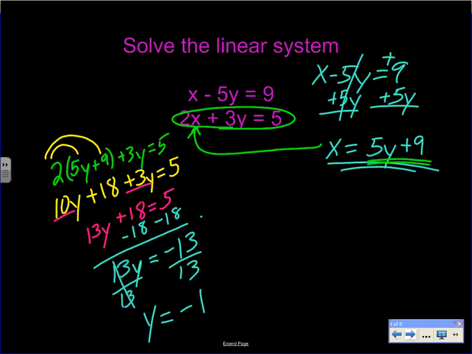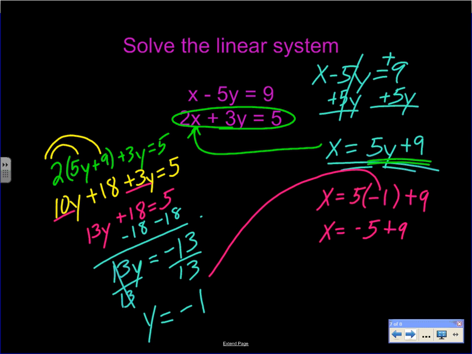So since y is equal to -1, we can plug it right back in there for y and solve for x. X is equal to 5 times y. Remember, y was -1. 5 times -1 is -5, plus the 9.